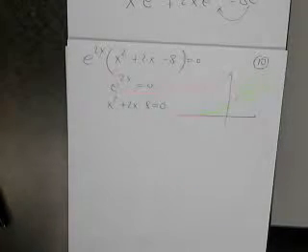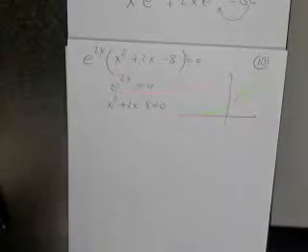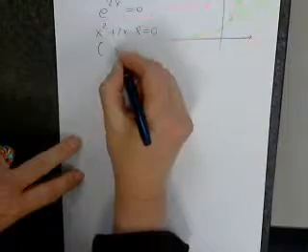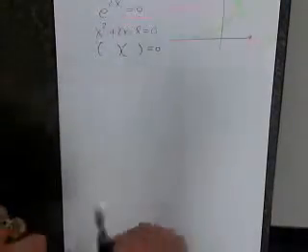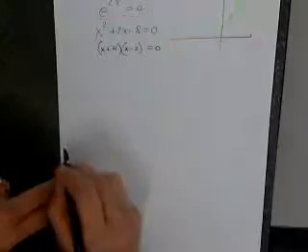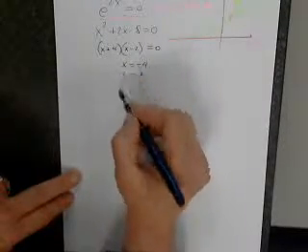It may approach 0 as x approaches negative infinity, but they will never cross. Good. So we have the second equation, which has a polynomial that factors into x plus 4 and x minus 2. So the options are negative 4 and 2.